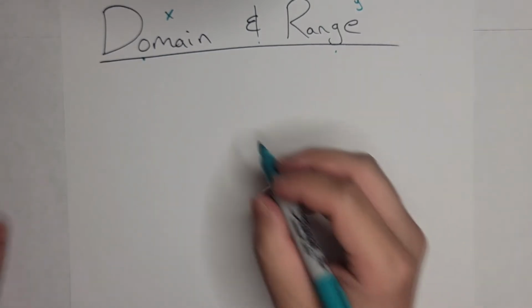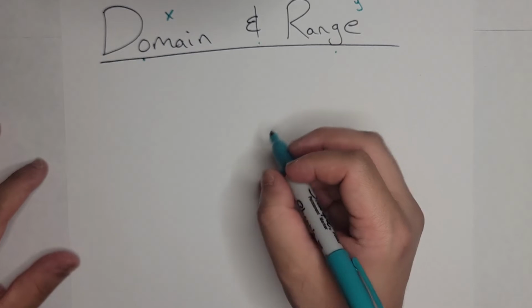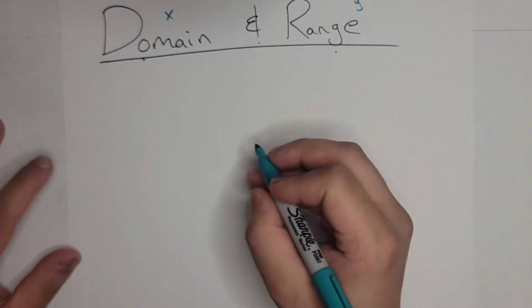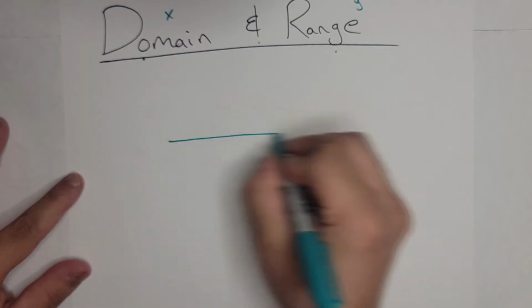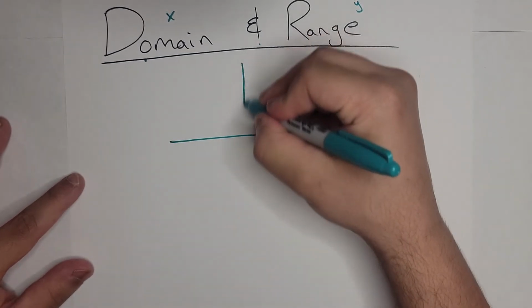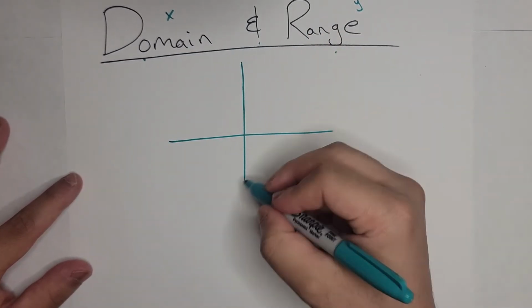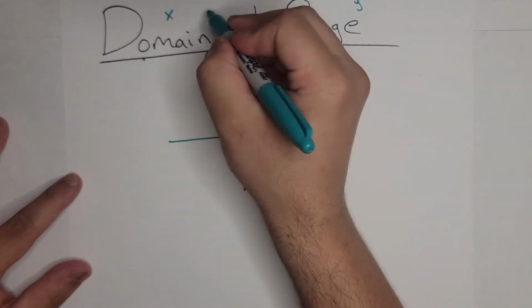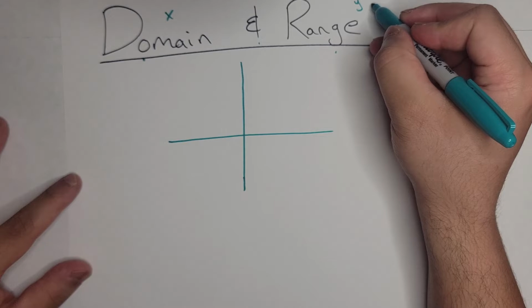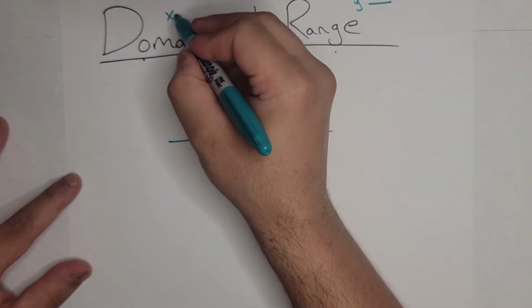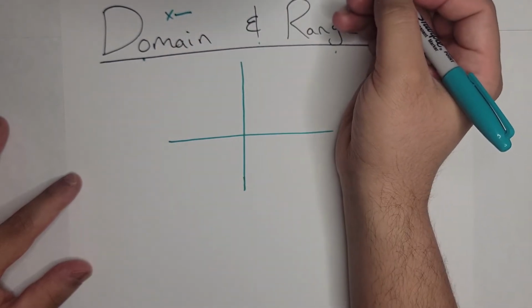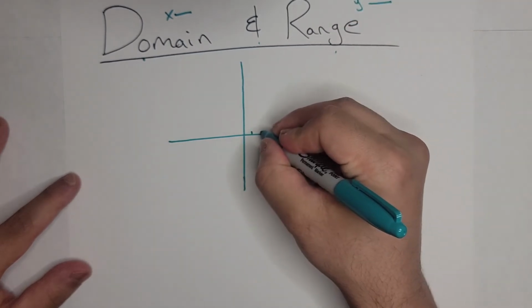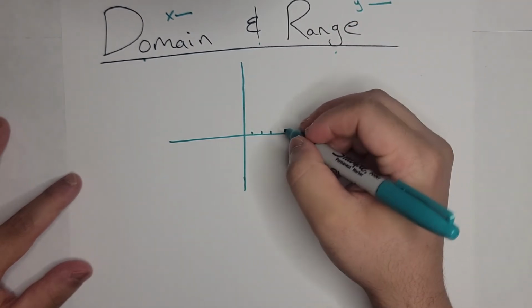So when asked to state the domain and range of a specific relation or function, they basically want you to define or explain or say that, listen, this is what all the x values are allowed to be, and this is what all the y values are allowed to be. So let's look into one. Let's have an example.